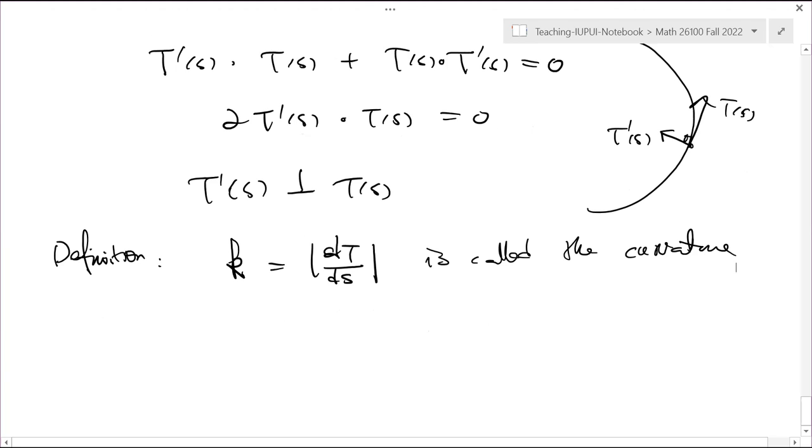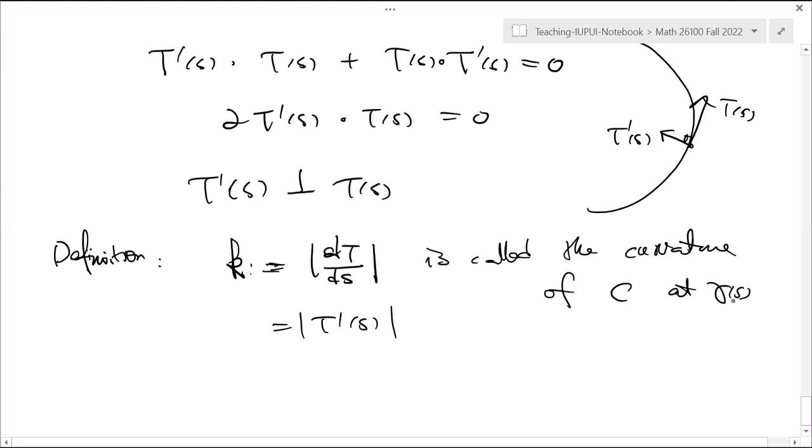I just let k be the length of this derivative. The derivative uses two different notations, t prime, and so this is called the curvature of the curve at that point.